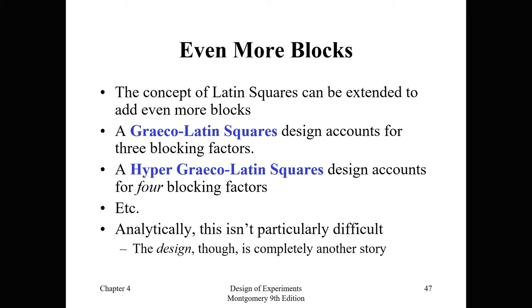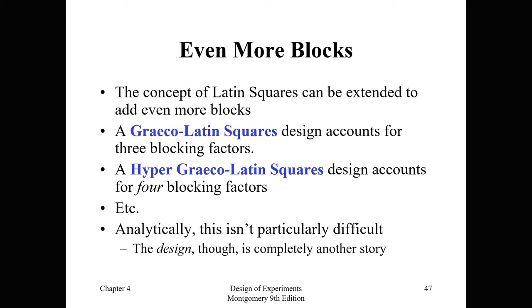And the hyper Greco-Latin square allows you to account for 4 blocking factors, and you can keep going with this. It's very, very cool. One of the most awesome things here is that this is an extremely efficient use of data. We have p squared runs, and previously, in the randomized complete block design, we could use that many runs to account for 1 blocking factor.